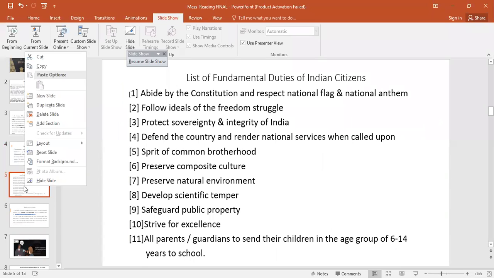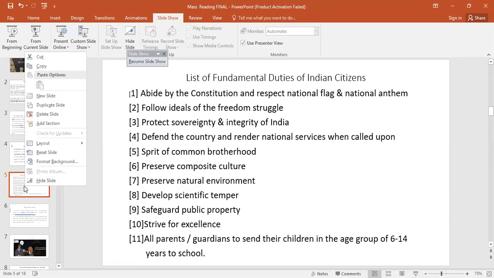Now, what are the fundamental duties we have got? Duty number 1, abide by the Constitution and respect national flag and national anthem. Follow ideals of the freedom struggle. Protect sovereignty and integrity of India. Defend the country and render national services when called upon.